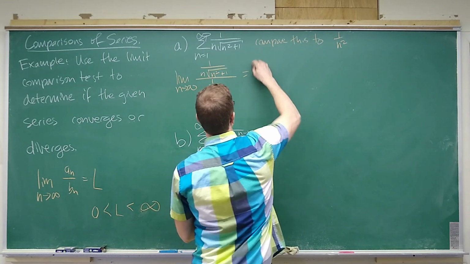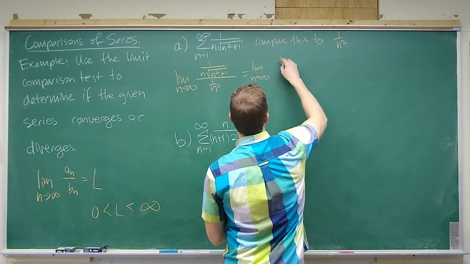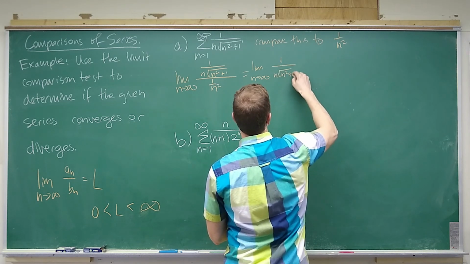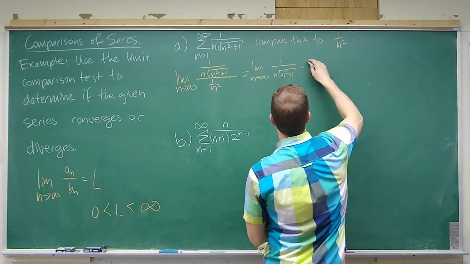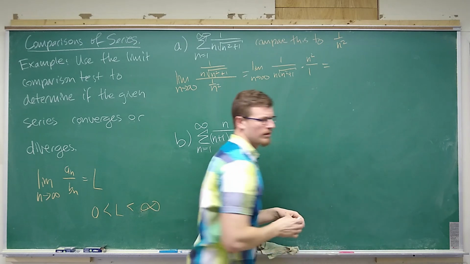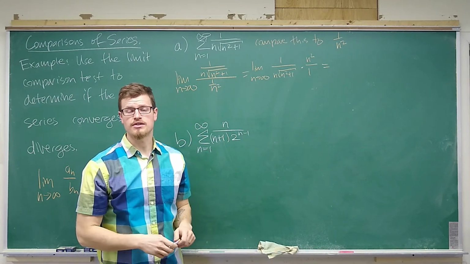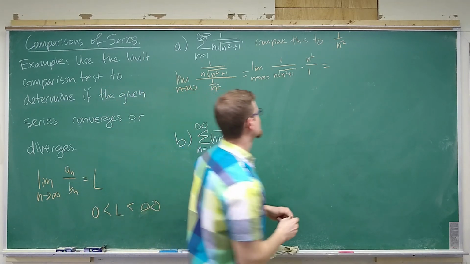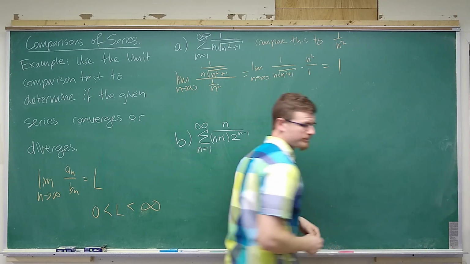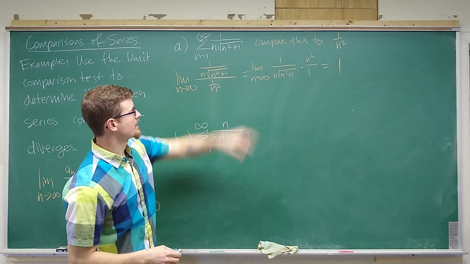So this is equal to the limit as n goes to infinity of 1 over n times the square root of n squared plus 1, times n squared over 1. I'm going to leave it to you to use appropriate techniques for evaluating limits, but you should find that this limit is equal to 1, if I remember correctly.